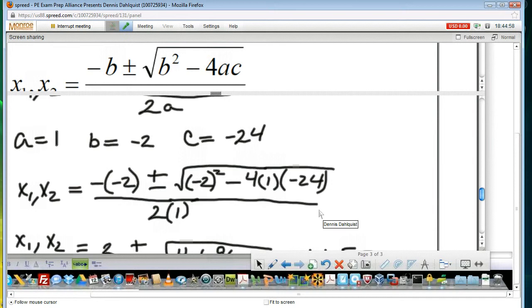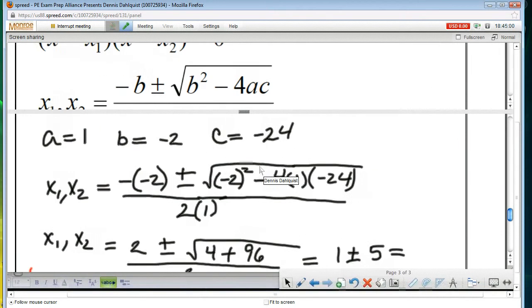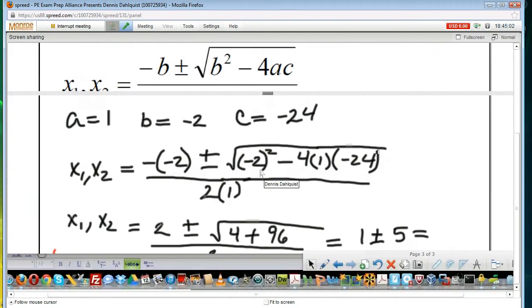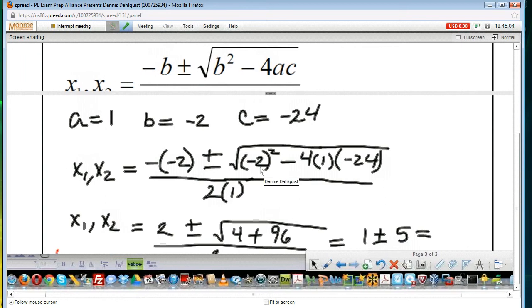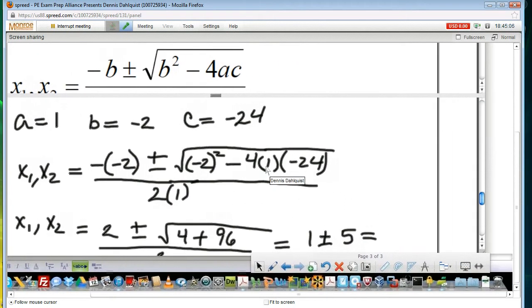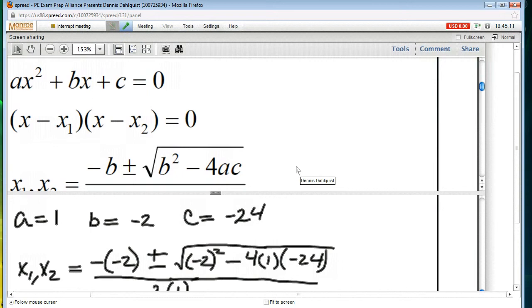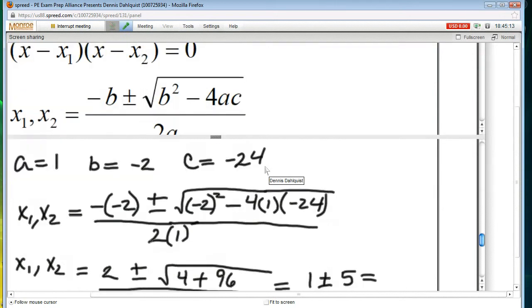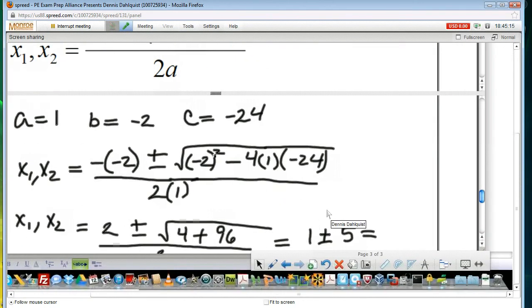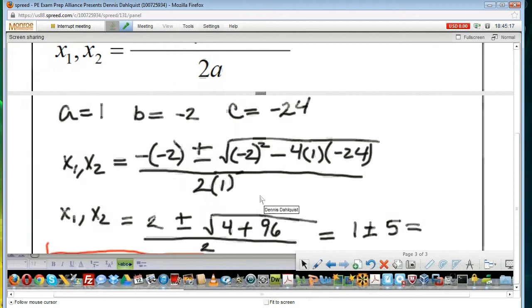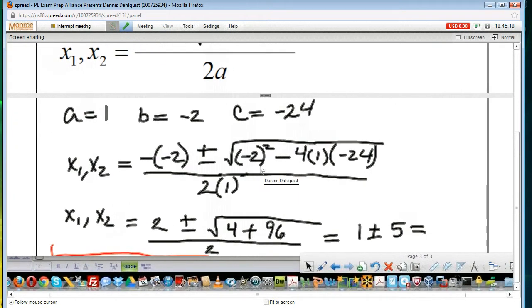Putting into our quadratic equation then, mapping in B, and then b squared here, then 4ac, and of course that's over 2a. A couple key things to watch out for here.